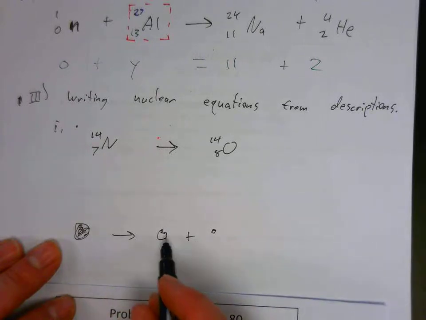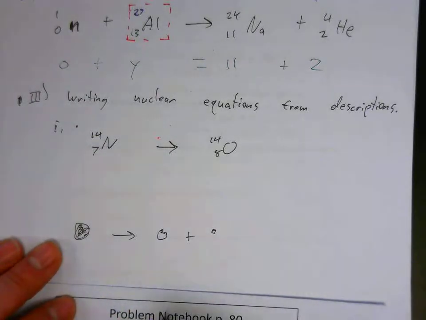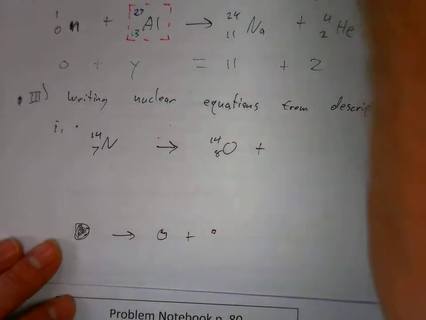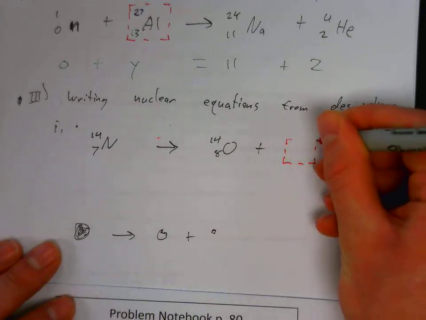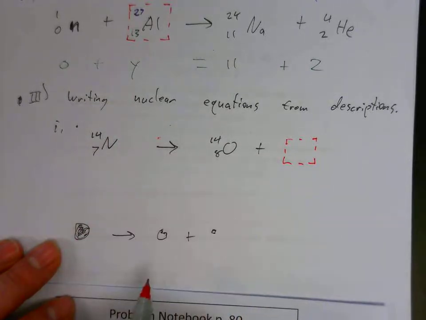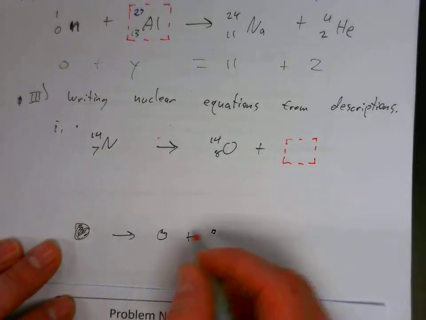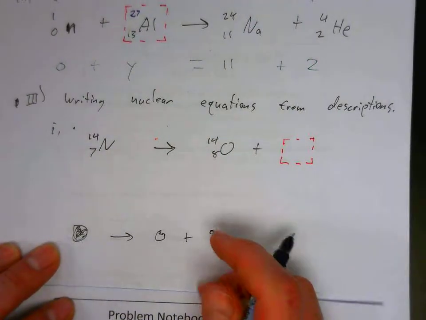So we can see that when a particle gets emitted, it's going to be shown on the right side as a product. If it said it was added to the other thing, then it would be on the left side. But since it's emitted, it's being released. So now we go through this in the same process as before.